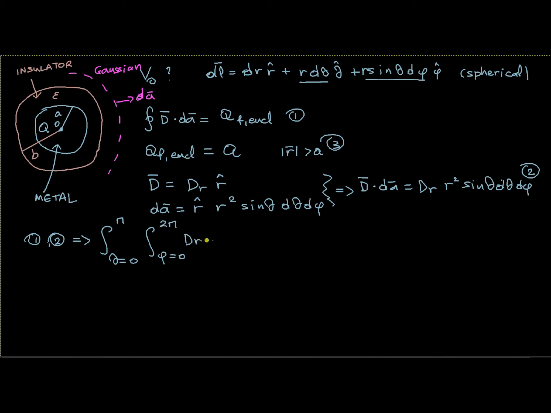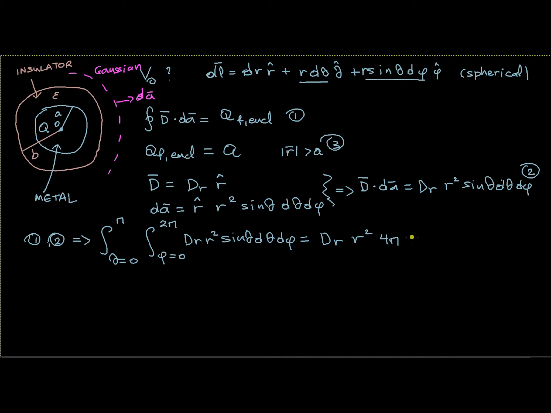This will be Dr r squared sine theta d theta d phi. The integral over theta will give me a 2, and the integral over phi will give me a 2 pi. So I have Dr r squared 4 pi.